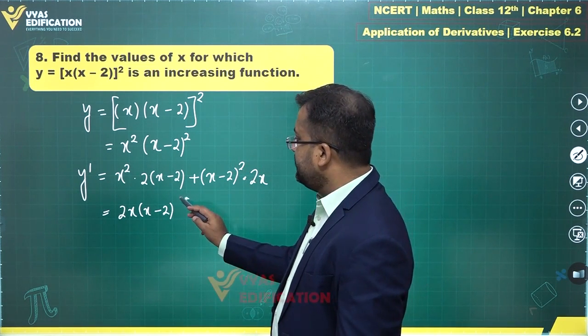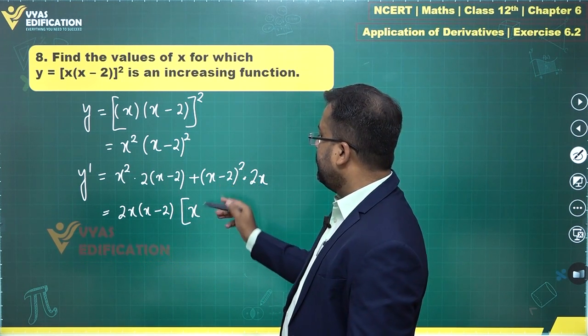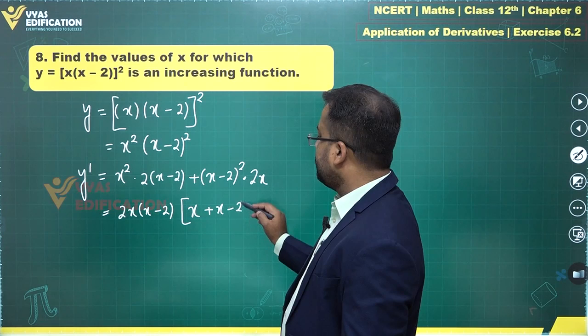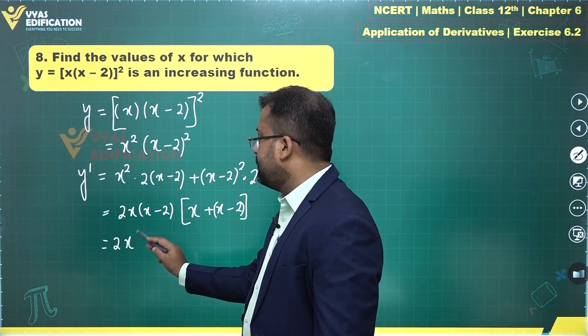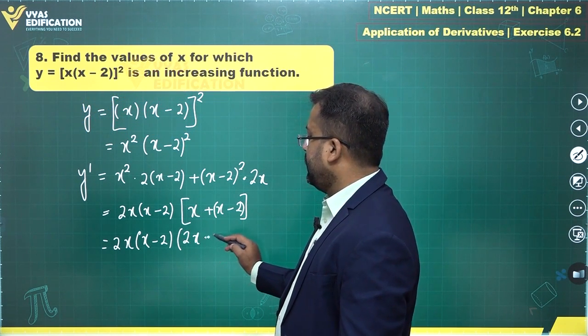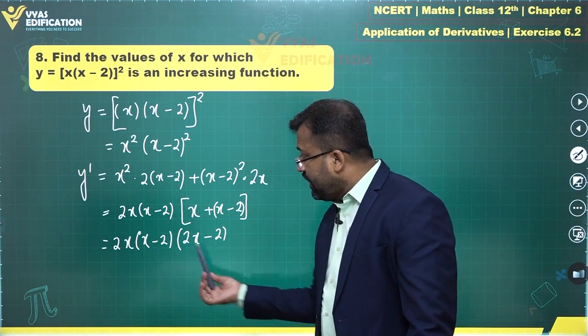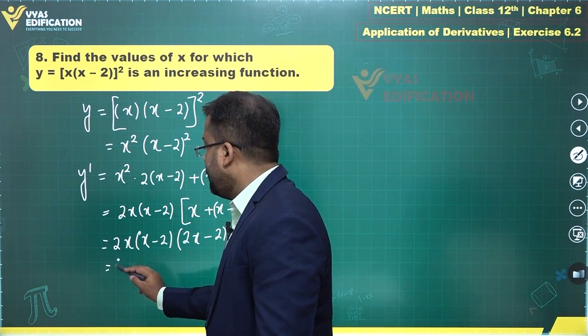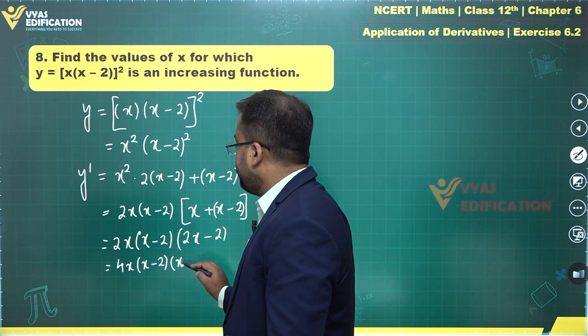And what will remain is 2x minus 2, x is gone, coming out common. And here you'll get x minus 2 as common. That's pretty simple up till now. Yes. We can take out a factor of 2 common from here as well. So this will be 4 times x times (x minus 2) times (x minus 1).